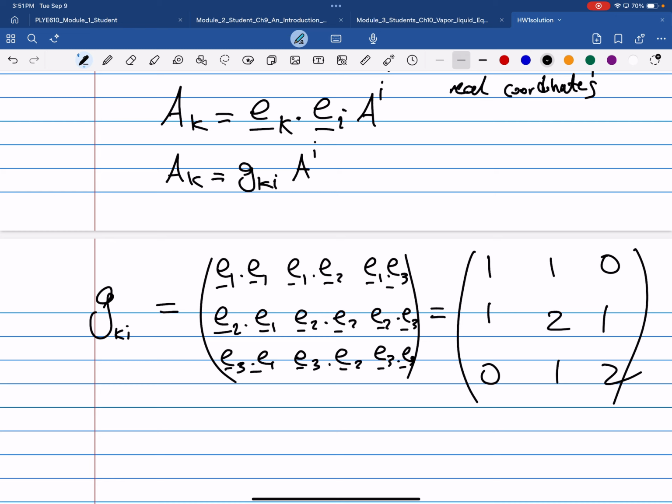If you are coming from the other coordinate system, the primed one, to the real one, it's the same rule.